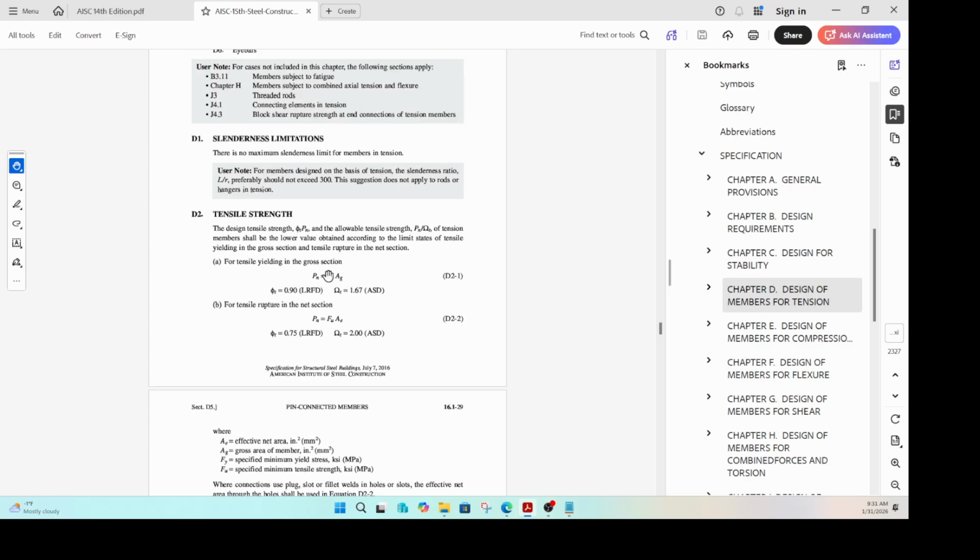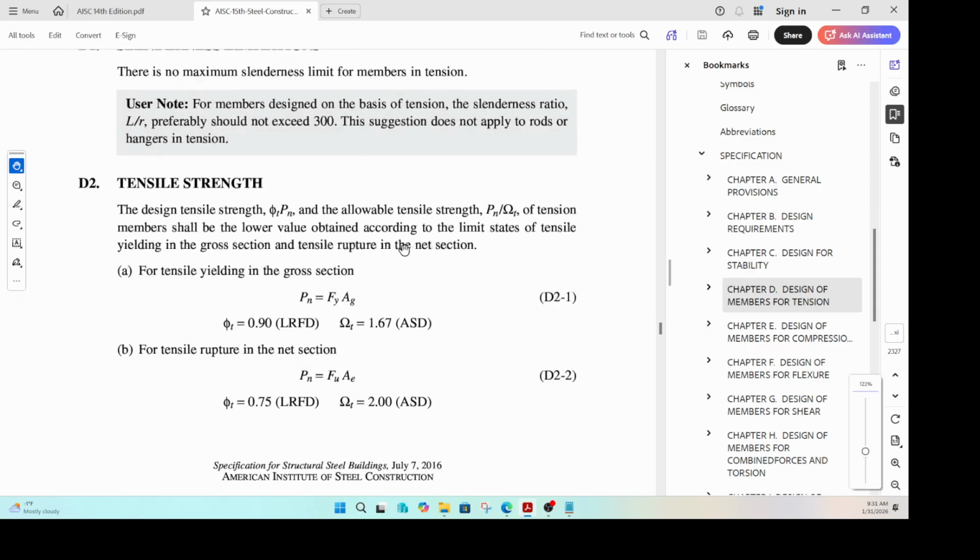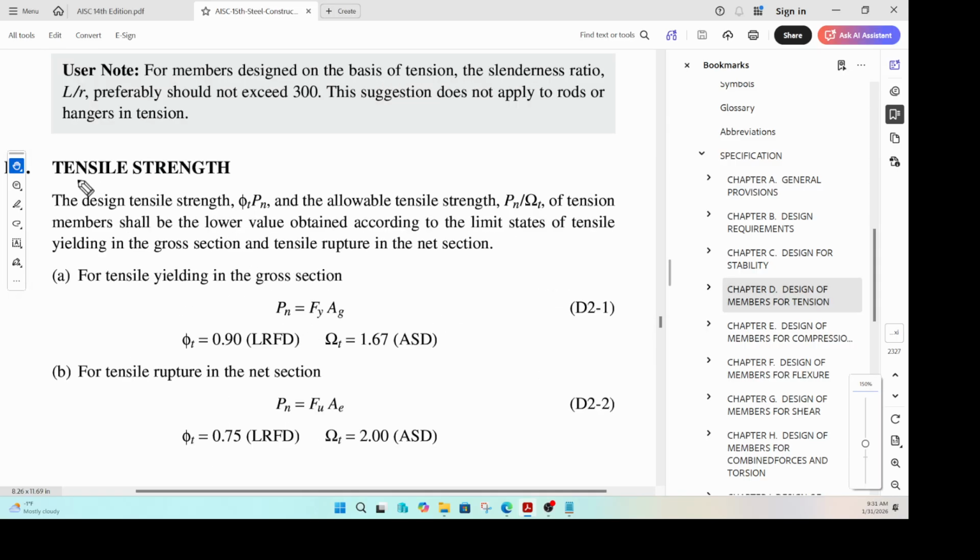Finally, eventually we want to calculate your tensile strength, and that tensile strength depends upon tensile yielding. It is a minimum of these two, tensile yielding or tensile rupture. Yielding, pretty simple, you take gross area, since yielding happens on the gross area, times the stress and multiply it with the strength reduction factor. Tensile rupture is a little bit complicated.